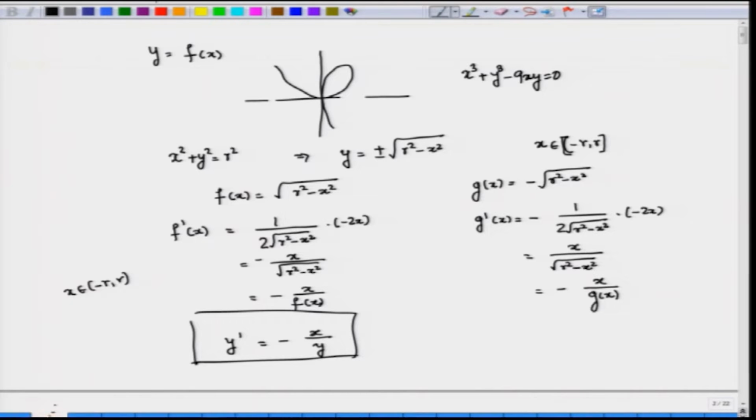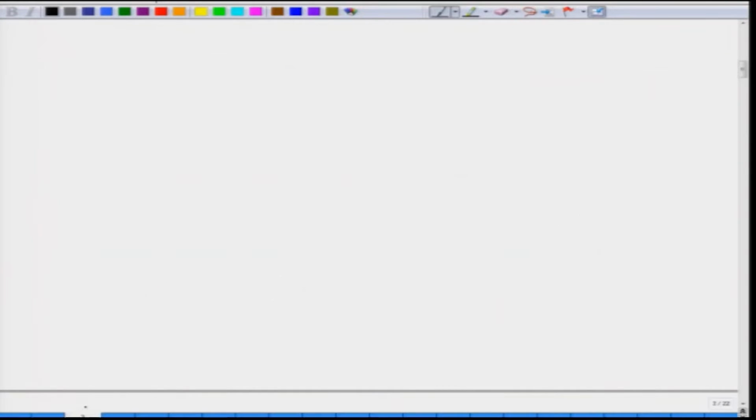How? Let us look at this. I have x square plus y square is equal to r square. Then if I take the derivative on both sides, we get 2x plus 2y, again chain rule, times y prime, which is equal to 0, since r is a constant.